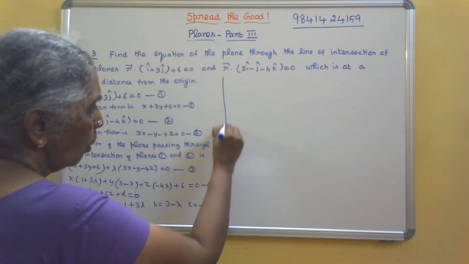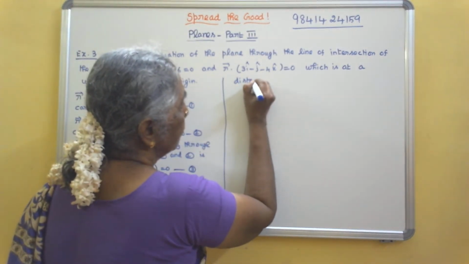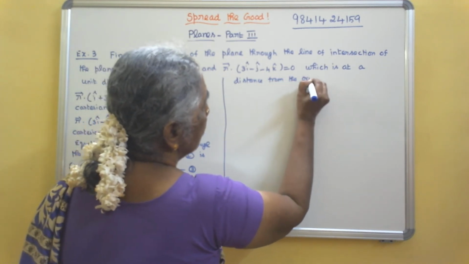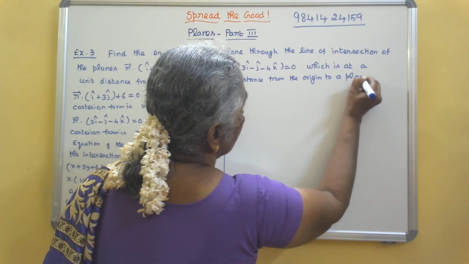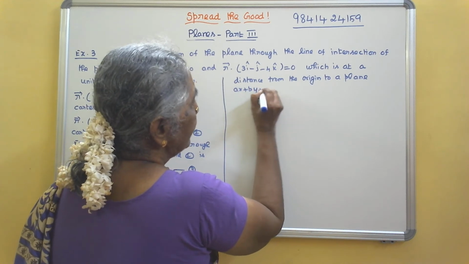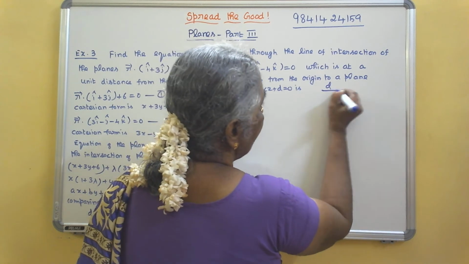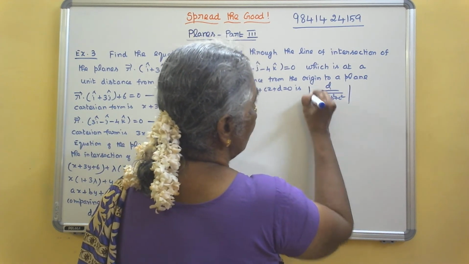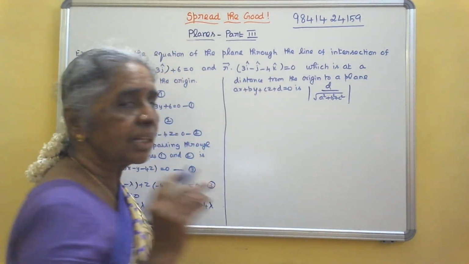Now I know the distance from the origin to a plane ax plus by plus cz plus d is equal to 0 is d by root of a square plus b square plus c square. So using this, that distance is given to be unity.